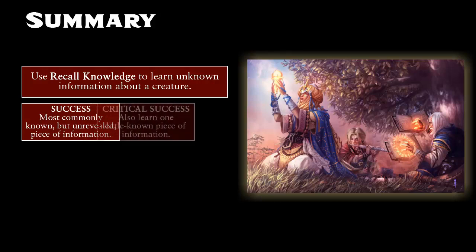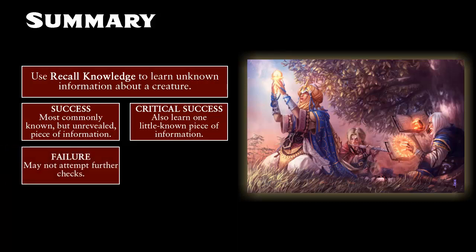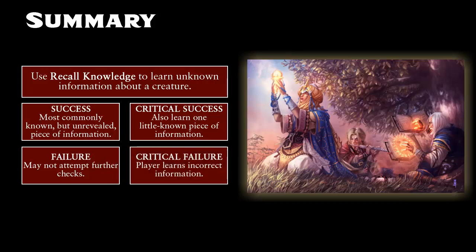On a critical success, the player also learns 1 little known unrevealed piece of information. On a failure, they receive no information and may not attempt any further checks to identify the target. And on a critical failure, they receive incorrect or misleading information as determined by the GM.